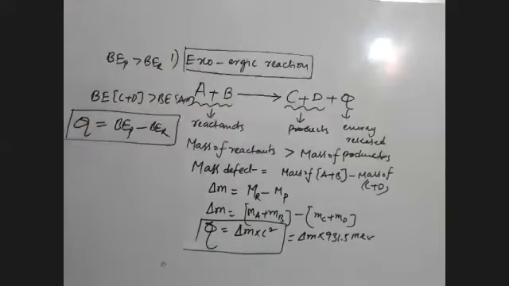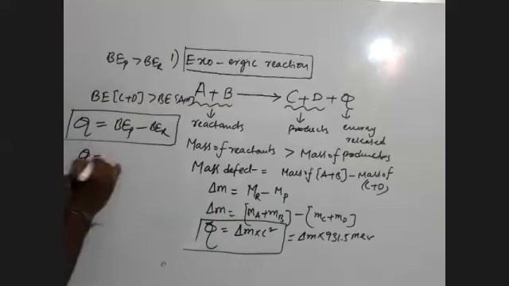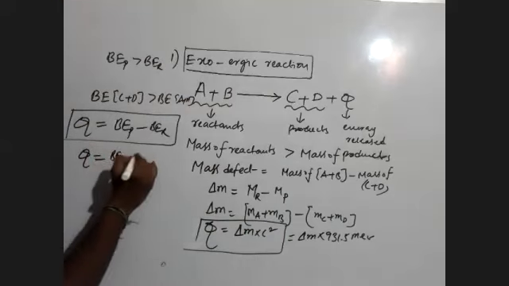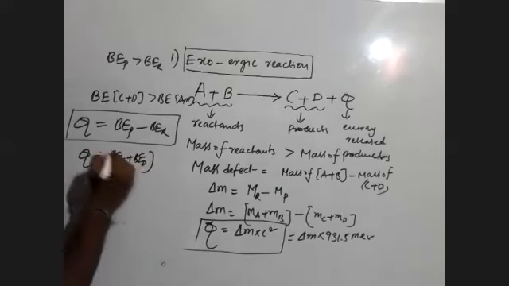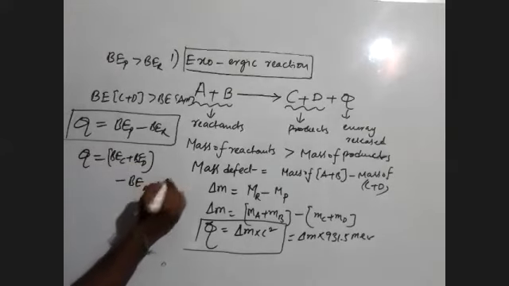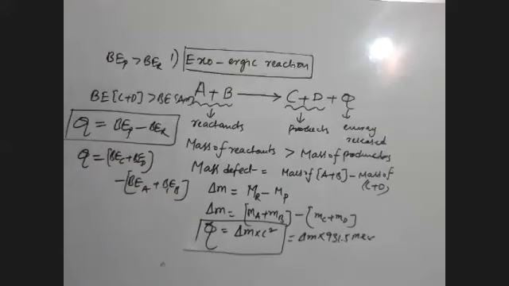That's why it is binding energy of products minus binding energy of reactants, that is binding energy of C plus binding energy of D minus the binding energy of A plus binding energy of B, put in brackets. So this is the complete exoergic reaction. Thank you.